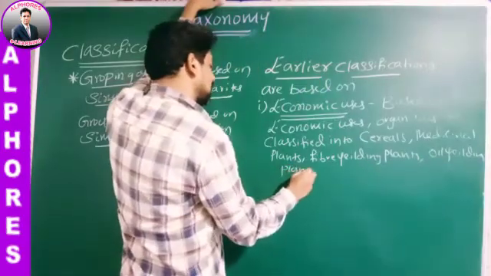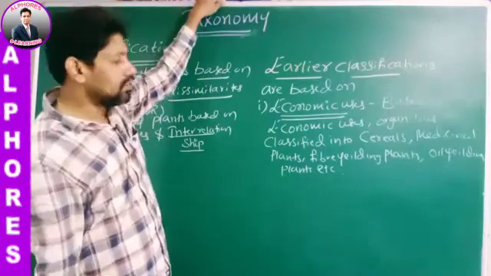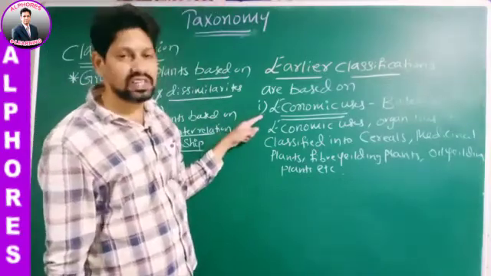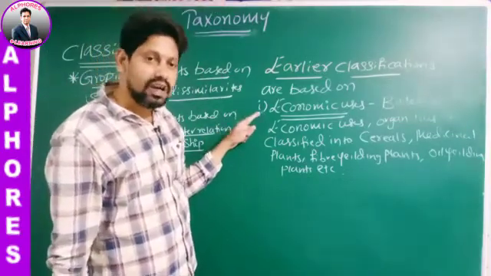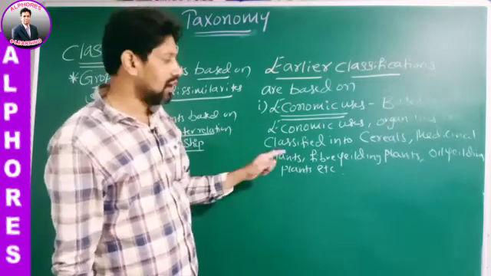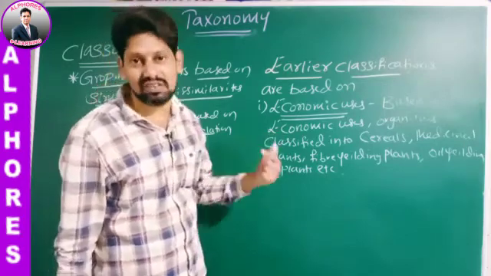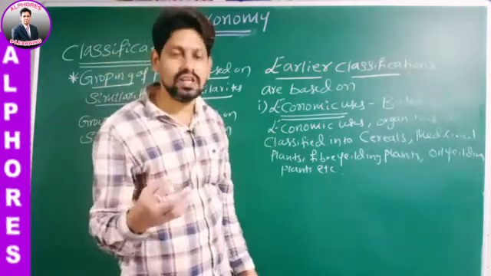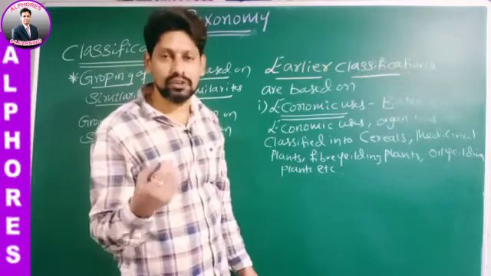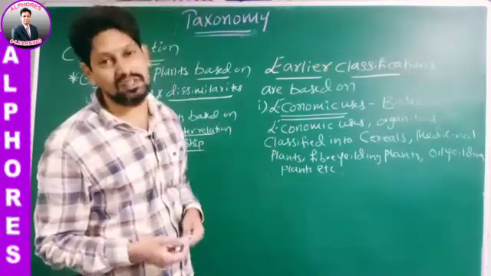Like this we can classify the organisms, etc. I wrote it. Therefore, based on economic uses, organisms are classified into cereals, medicinal plants, fiber yielding plants, and oil yielding plants, etc. This classification is based on the use we are extracting from that organism.